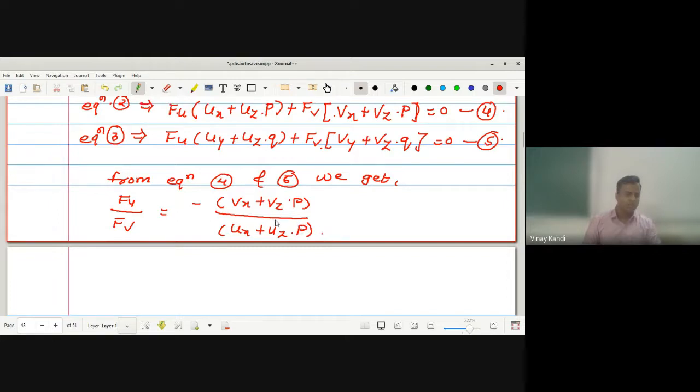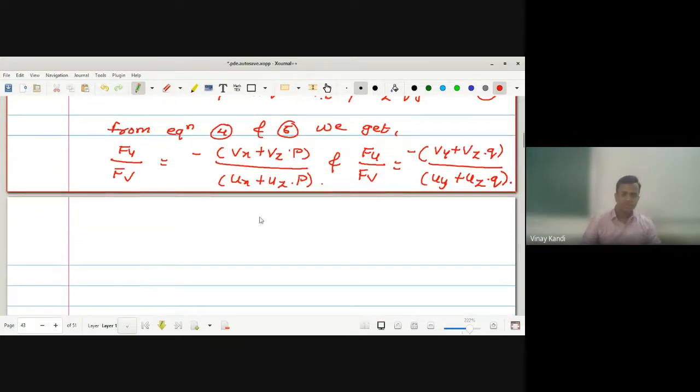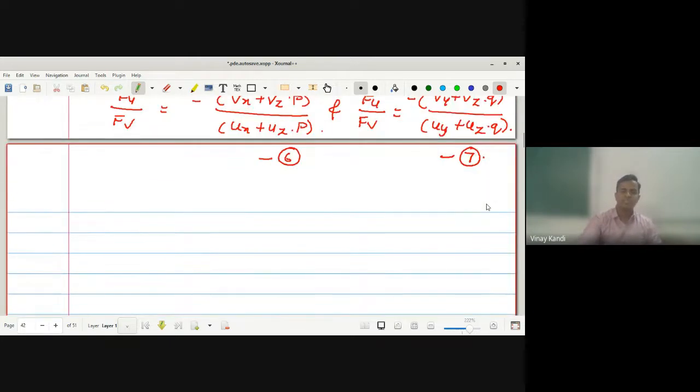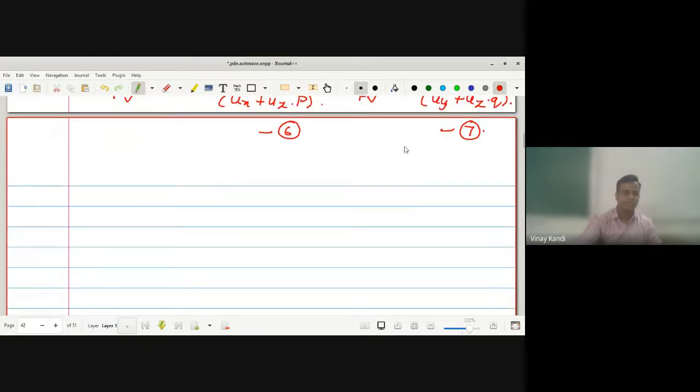And equation 5 implies fu upon fv is equal to minus vy plus vz into q upon uy plus uz into q. So this is equation number 6 and this is equation number 7. From equations 6 and 7, both are equal.